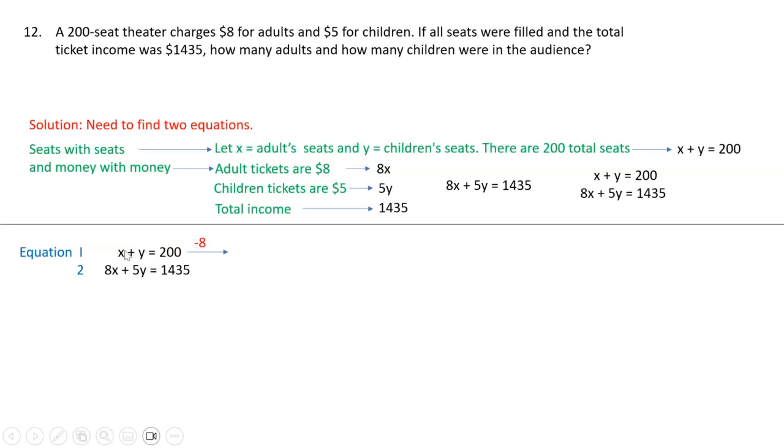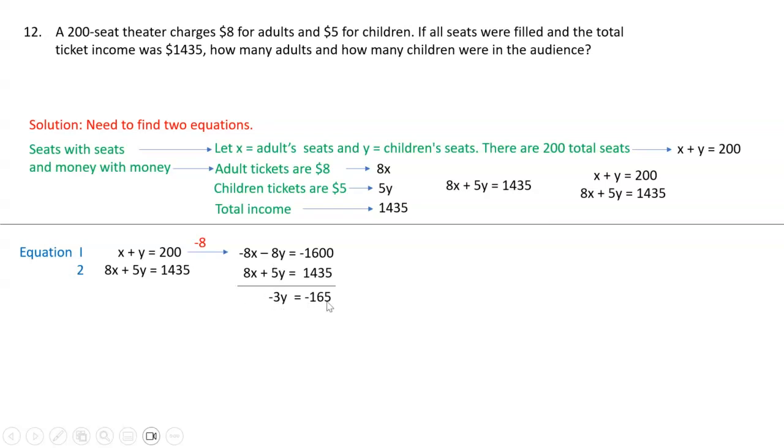Because -8 times x will give us -8x, and when we add them, they'll be eliminated. So -8 times x gives -8x, -8 times y gives -8y, and -8 times 200 gives -1600. Equation number 2, we just slide it over, and we add them.